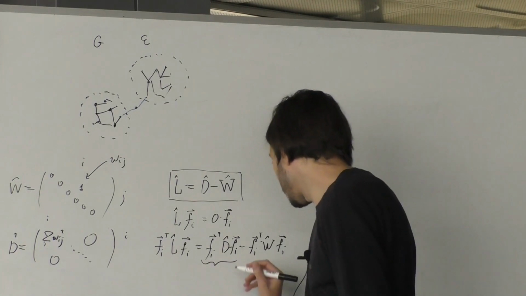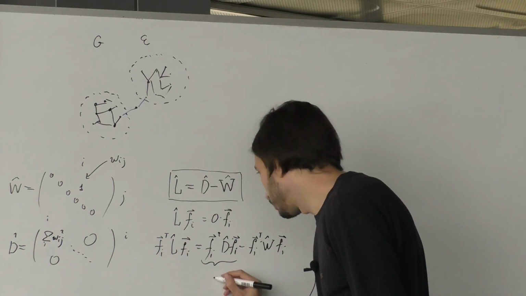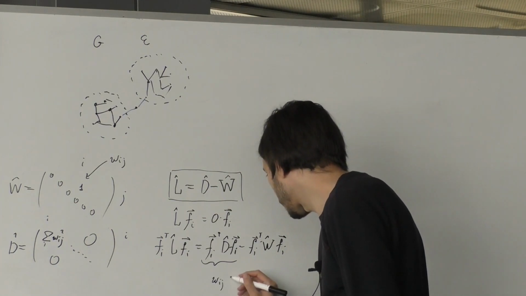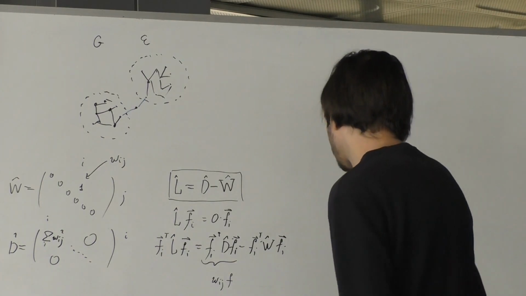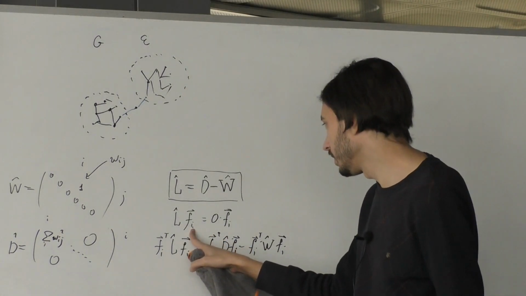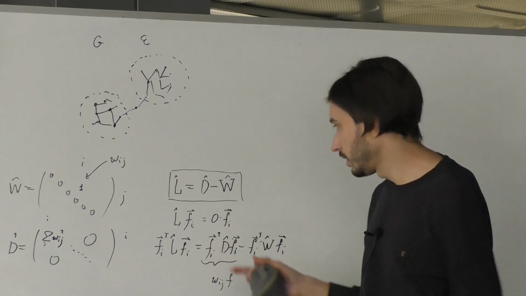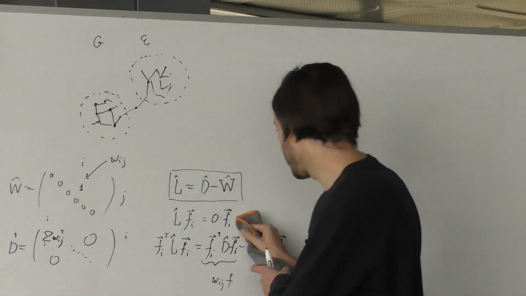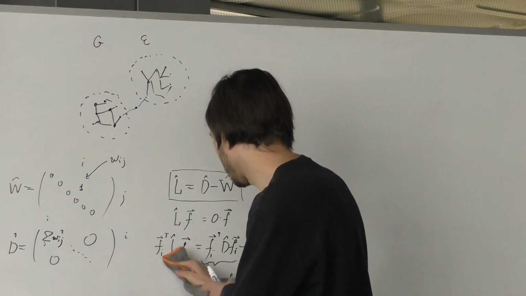So here I expect something like w_IJ f. Okay, I don't like the way I wrote this because I have put an index I to show that these are not one vector, but a few vectors. Let me remove this index for a moment because I want to use it with the components of the vector f. So let me remove it in here.